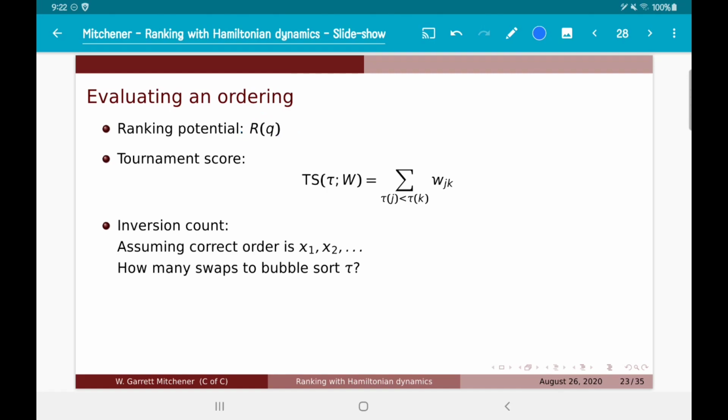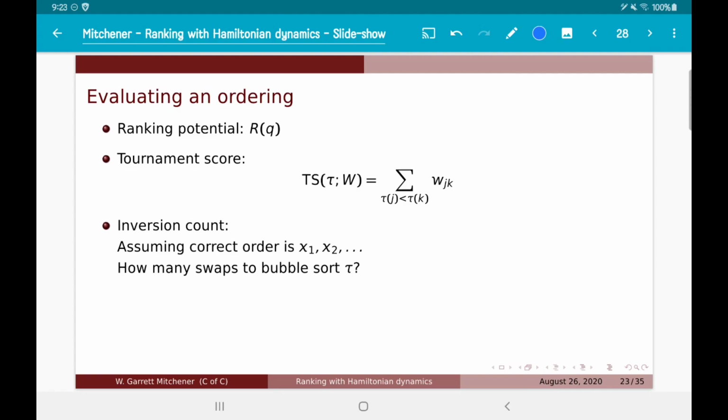Now, this is only valid for the methods that I'm talking about that come from Hamiltonian dynamics. I'm going to compare them to RankBoost, but RankBoost doesn't give the same kind of position vector. It does actually give a position vector, but it's on some other scale. So it doesn't really make sense to talk about the ranking potential of that.